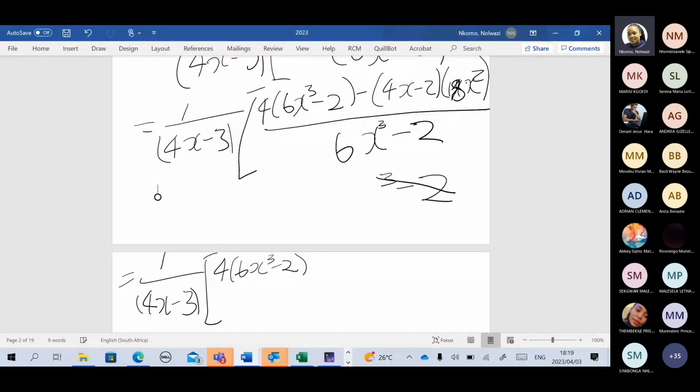What did you get as 18 times 4? It's 36 plus 36, that's 72. Minus 144x cubed minus 36x squared over 6x cubed minus 2.